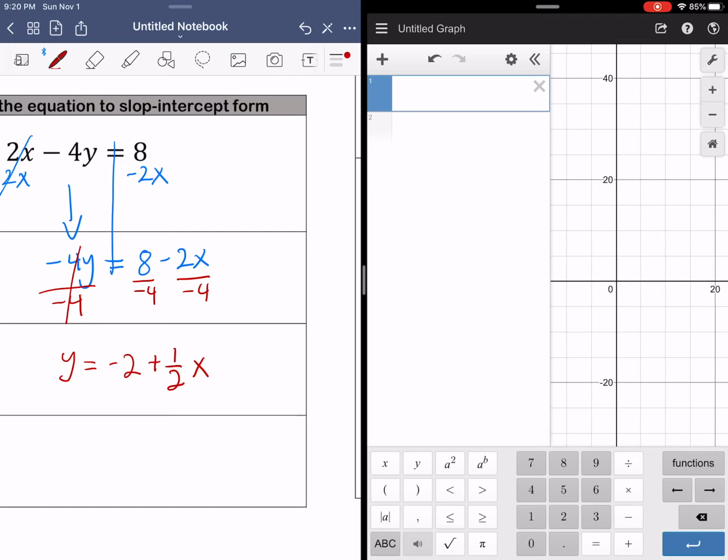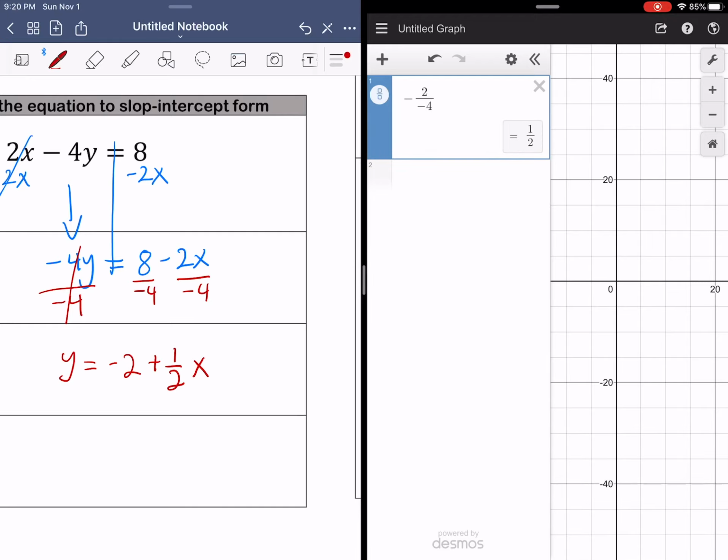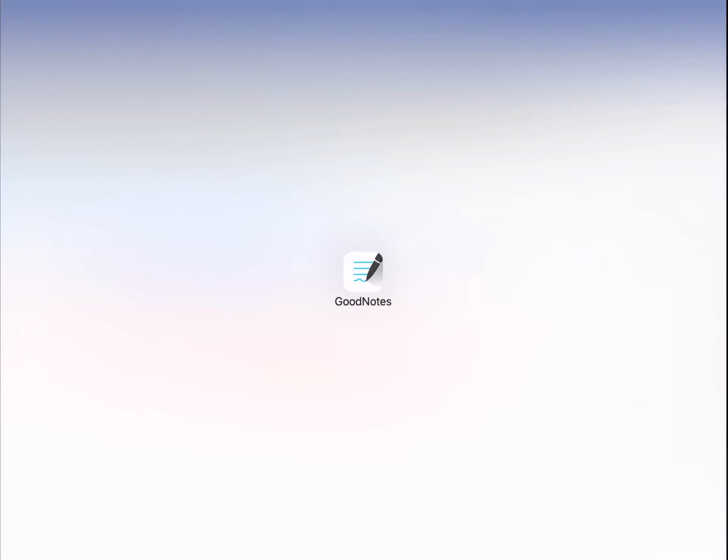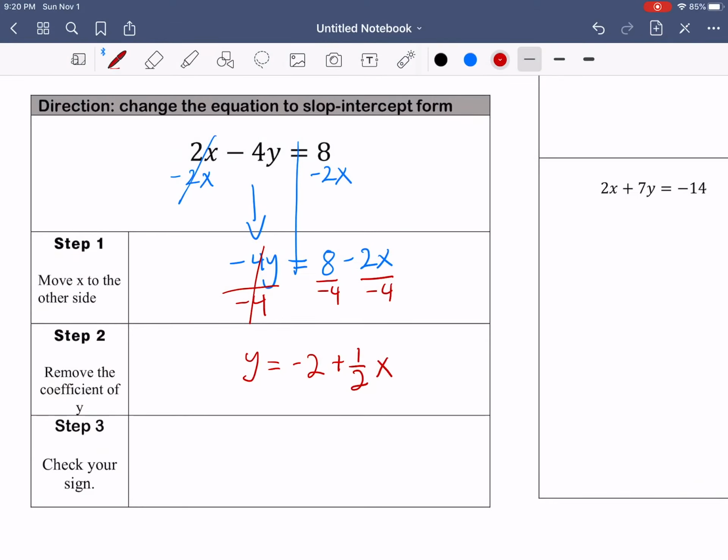Okay? If you are not confident about it, you can actually use this. If you do negative 2 divided by negative 4, it gives you the answer like that, but if you click it, it changes it like this. So actually you could use this as your scientific calculator, which I did not know, but now I figured it out.